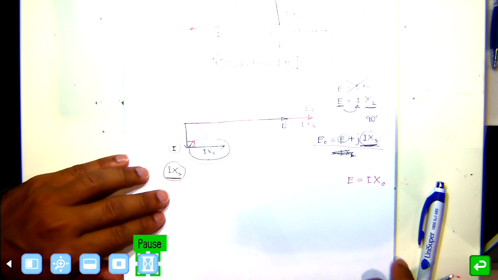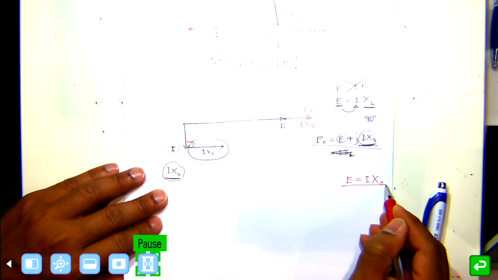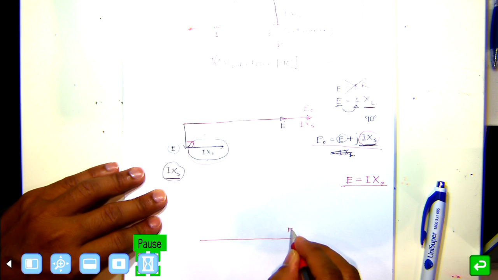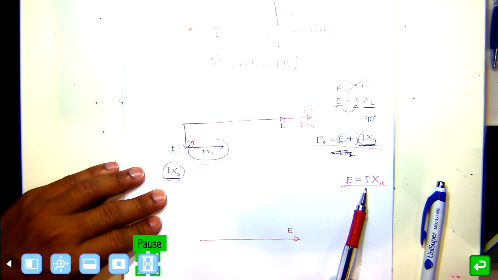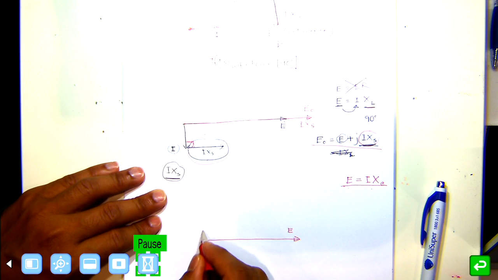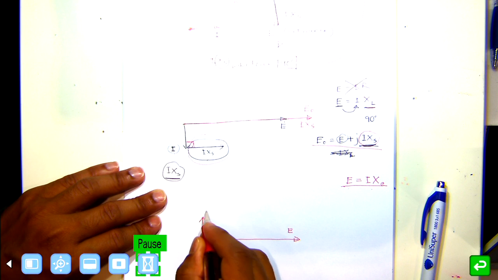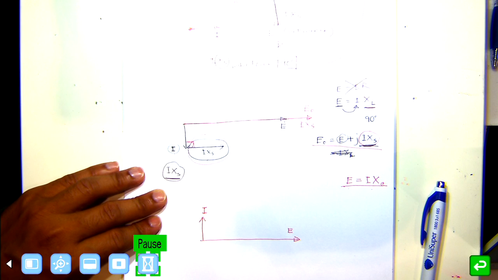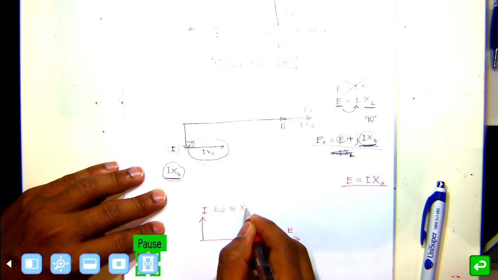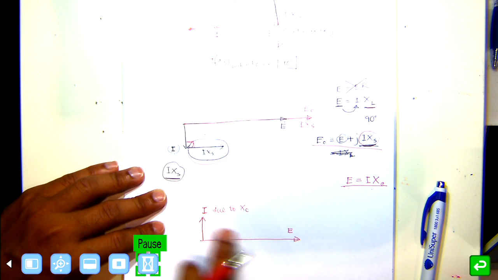If our load is capacitive, our terminal voltage E is IXC. Now our E is the reference. Here, this is E. Because of the capacitance, there is a 90-degree phase shift, and that is leading. So the angle between this E and I will be 90 degrees. So this is my load current I now, due to XC.